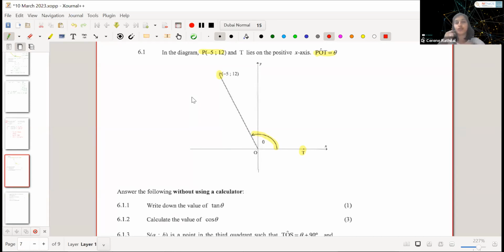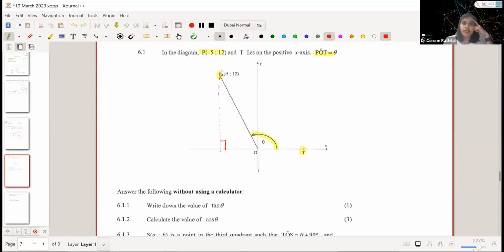The first thing that you should do when you are given an angle, regardless of which quadrant it appears in. So of course, this angle subtends to some line here in the second quadrant. That's what we can see. But immediately what you could then do is you can now form a triangle with a right angle in it that allows us to now say a few things about this triangle that of course is created using angle theta.